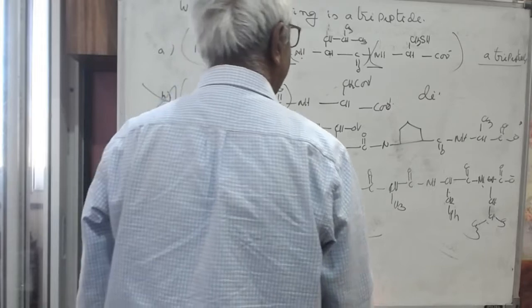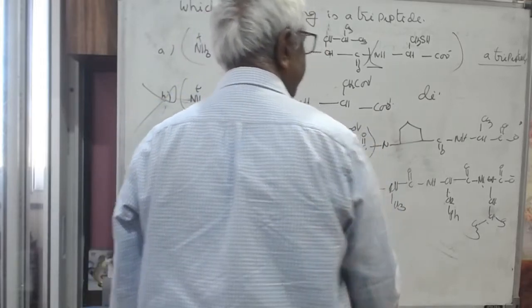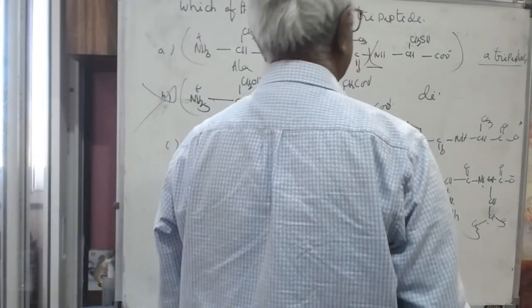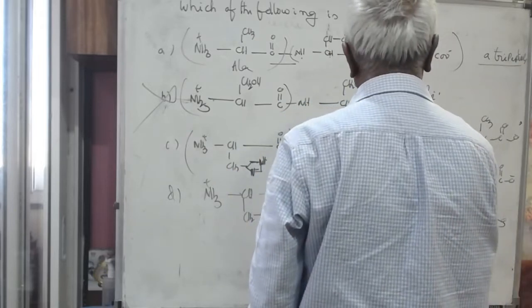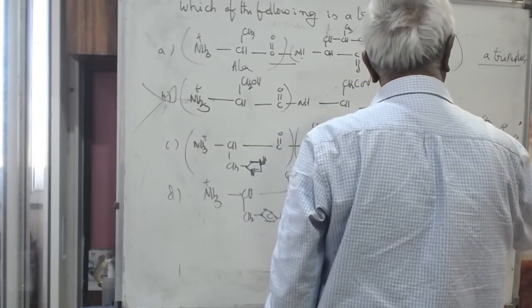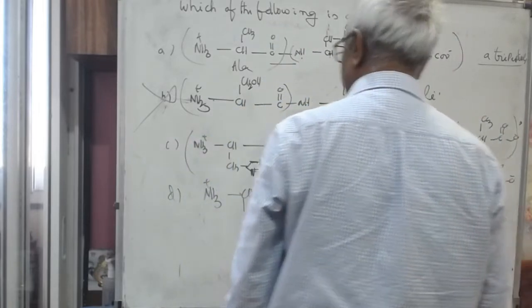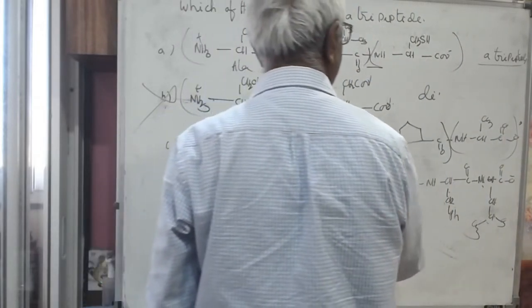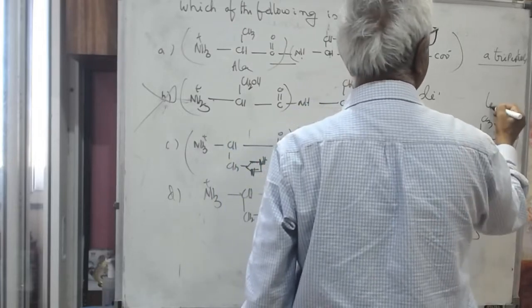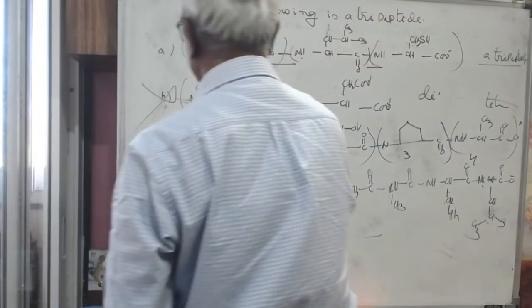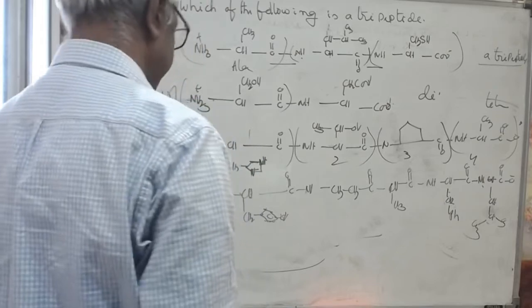This is methionine, and this is proline. This is alanine. 1, 2, 3, 4, a tetrapeptide. It is not a tripeptide.